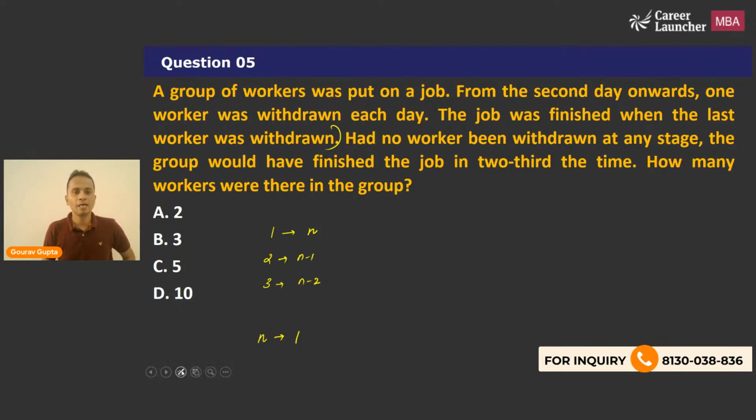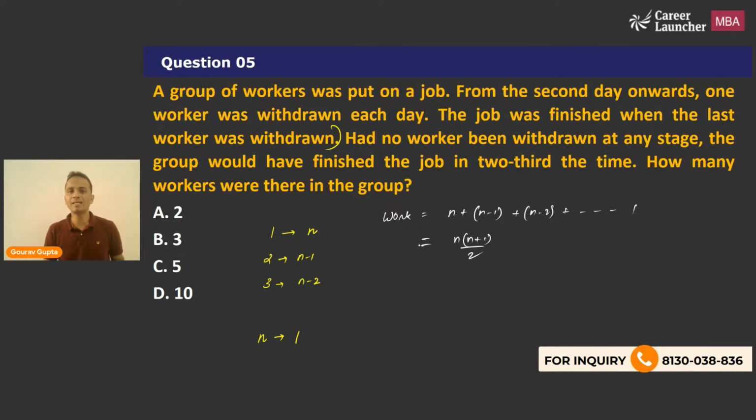Now, if I assume that every worker will do 1 unit of work in 1 day, what will be the total quantity of work? Work done will be equal to n plus n minus 1 plus n minus 2 and so on up till 1. Now what is this? This is the sum of the first n natural numbers, which is equal to n into n plus 1 upon 2.